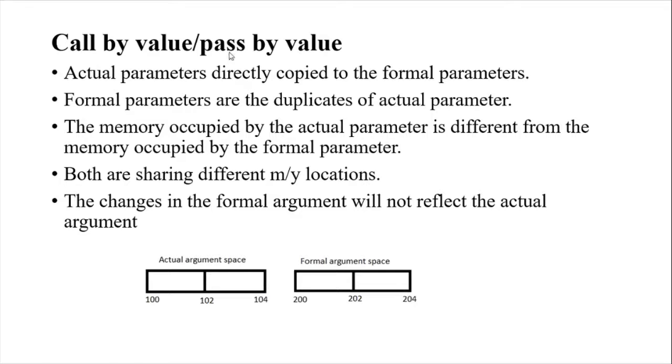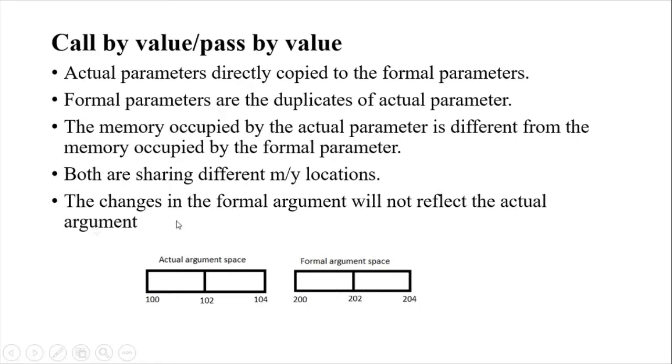The memory occupied by the actual parameter is different from the memory occupied by the formal parameter, that you can see here. Suppose this is the memory for the actual argument and this is the memory for the formal argument. Both are having different memory locations. The changes in the formal argument will not reflect in the actual argument.